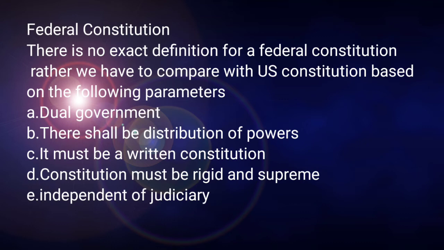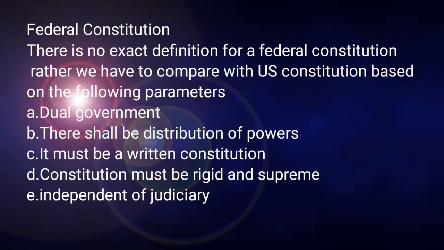On the central aspects, only the federal government can make laws. On the state aspects, only the state governments like the government of New York, the government of California, can make the laws. There is a clear distinction between their powers, and they are properly distributed in the constitution itself.